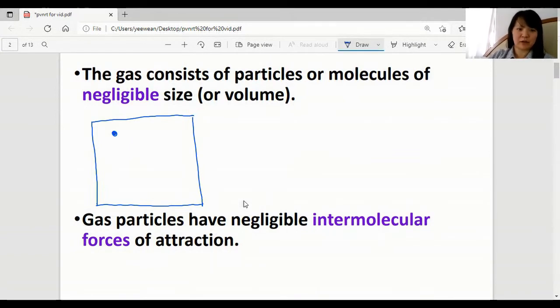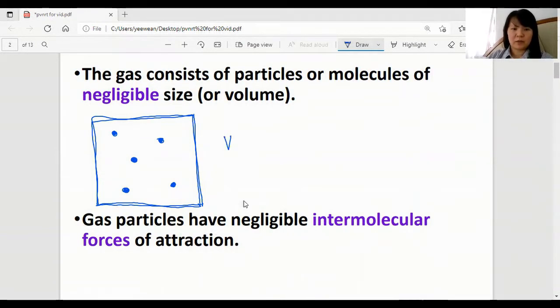So the volume of each molecule is negligible. This whole container is the volume the gas is occupying. So we neglect the size that the molecules actually take up.